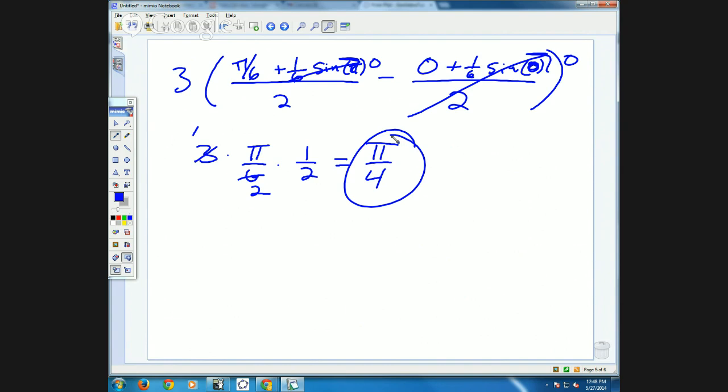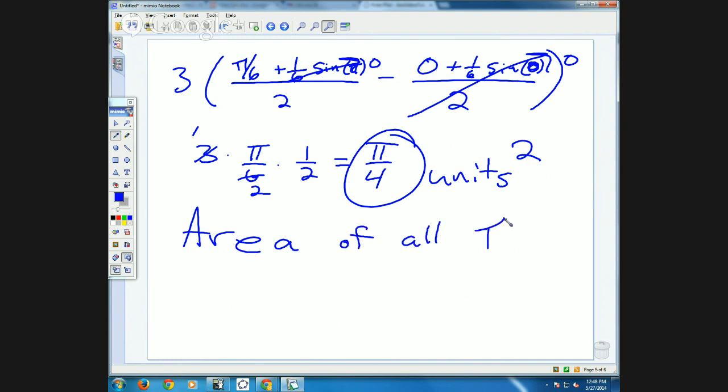Petals, petals, there we go, petals. So that would be units squared, whatever the units are. And that seems to be the area of all 3 petals.